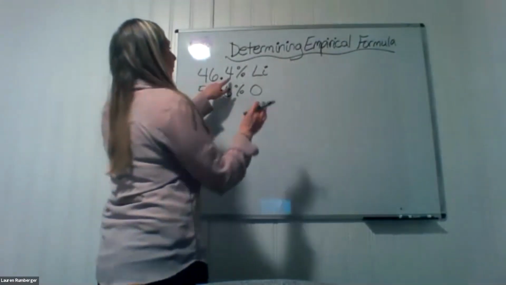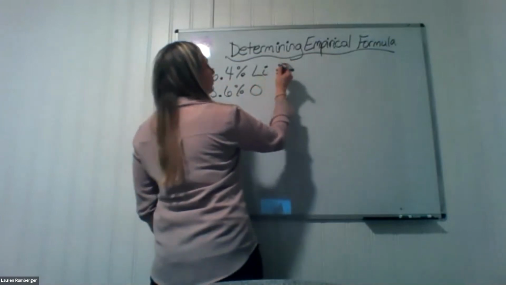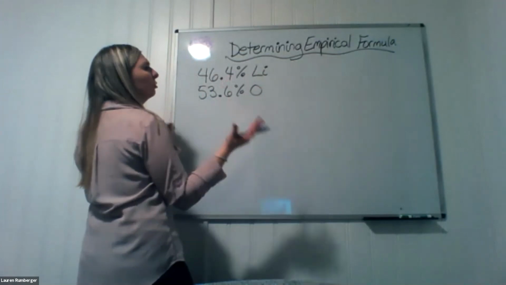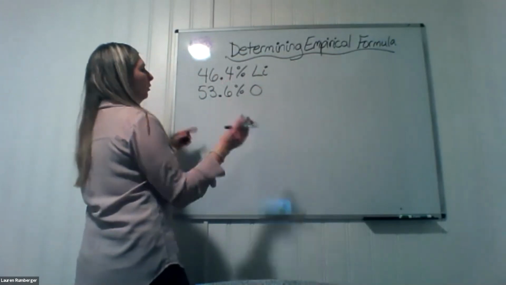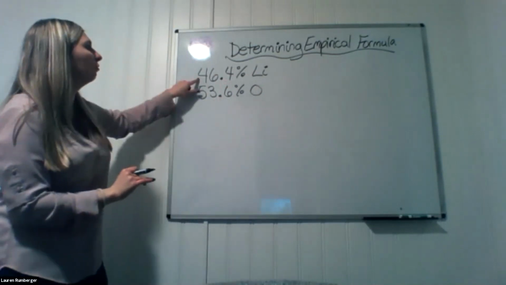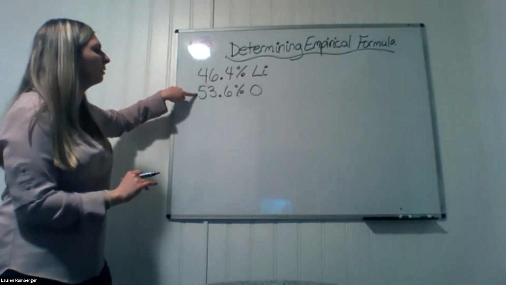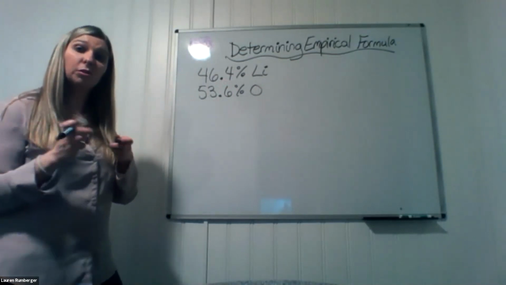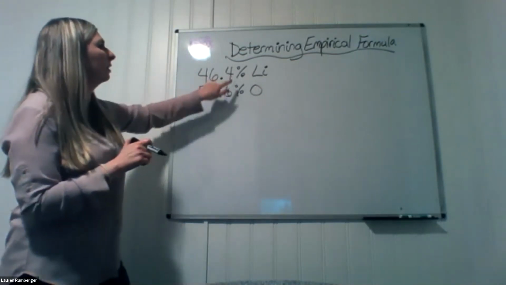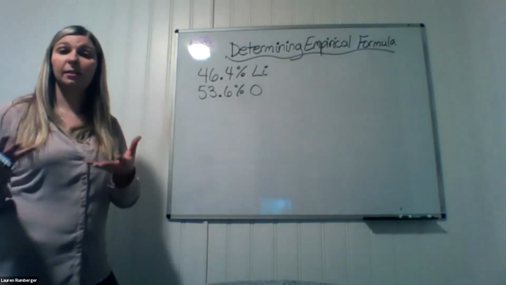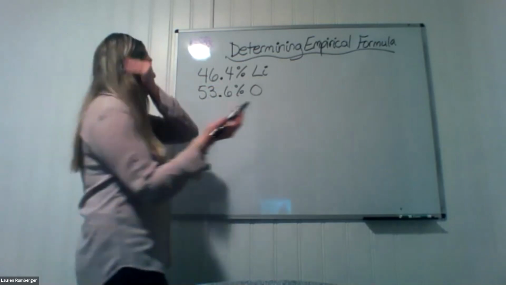So then these percentages we can assume to be in grams as long as these total 100. So always double check that it totals 100. So 46.4 plus 53.6 totals to 100. So we can write these in terms of mass.